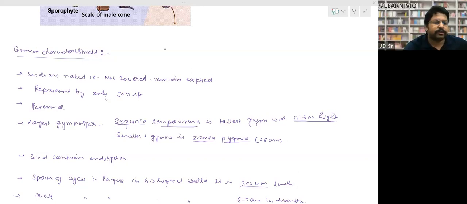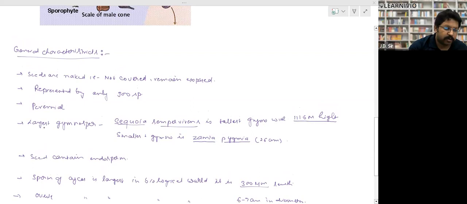Biennial plants live for only two years. Perennial plants live more than three years. It may be 10, 20, 100, 200, 400, 500, whatever the lifespan, but it is more than three years. Bryophytes are not perennial plants. Some pteridophytes are perennial plants. Algae are not perennial, they are annual plants.